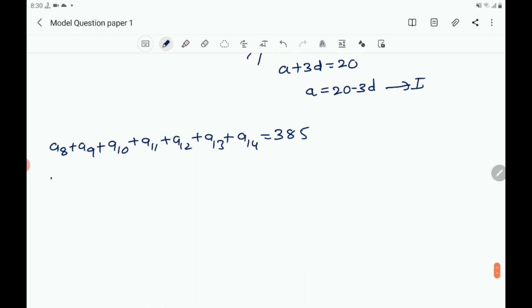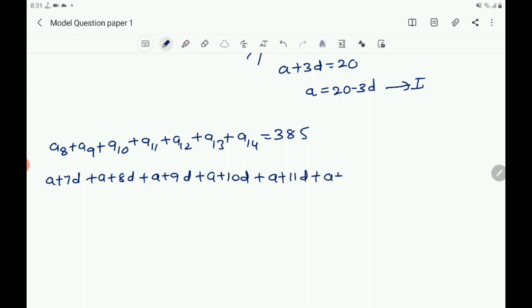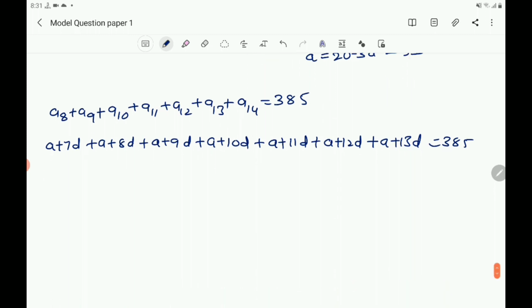And you write A8 means A plus 7D, A9 means A plus 8D, A10 means A plus 9D, A11 means A plus 10D, A12 is A plus 11D and A13 is A plus 12D and A14 is A plus 13D equals 385. Now again you will get 1, 2, 3, 4, 5, 6, 7 A's.